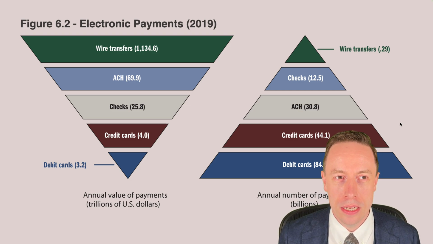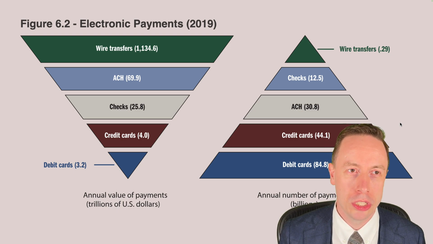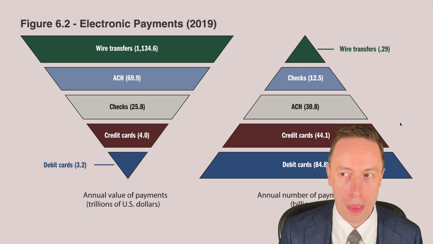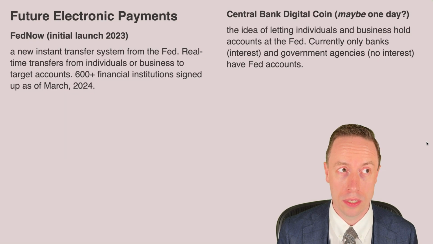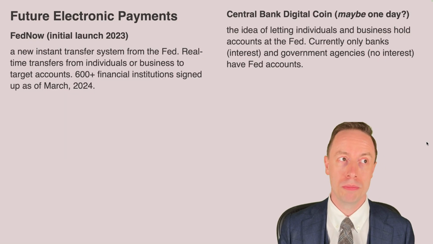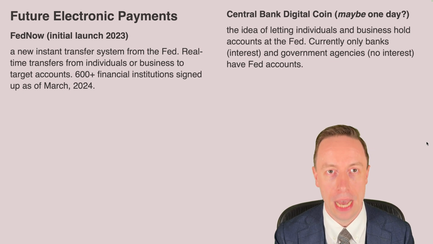Now that is the current picture of what the electronic payments look like in our country. But there might be some exciting new stuff right around the corner that I want to tell you about as well. The first one is called FedNow.